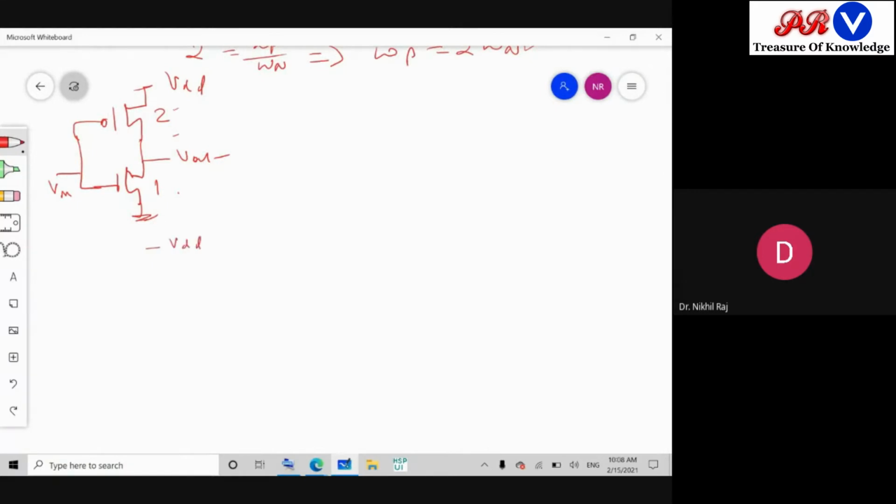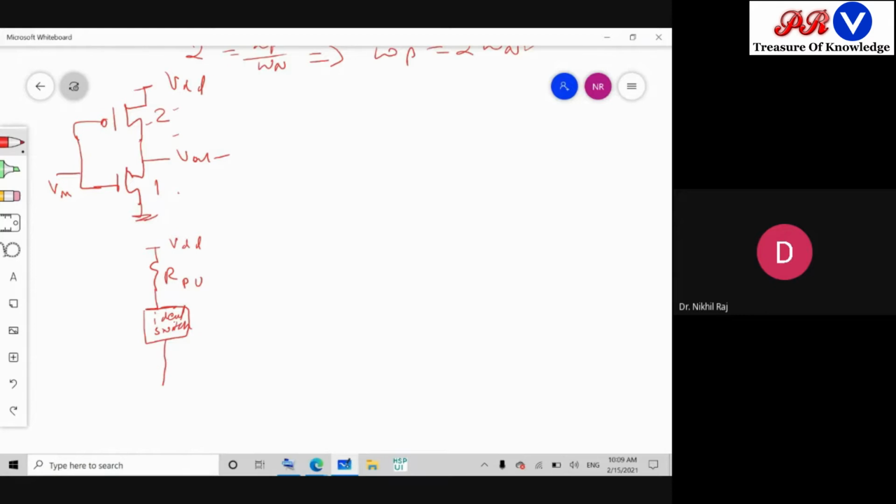In the PMOS, let's say a resistance is formed by this PMOS, that is the pull-up resistance RPU, and here is the ideal switch. When this MOSFET is on, it is working in linear mode and acting like a switch. So I have divided it into two parts: RPU is the pull-up network resistance offered by this PMOS, and the ideal switch.